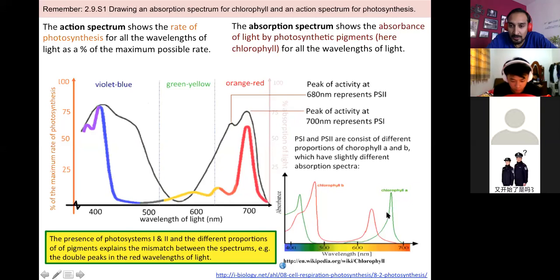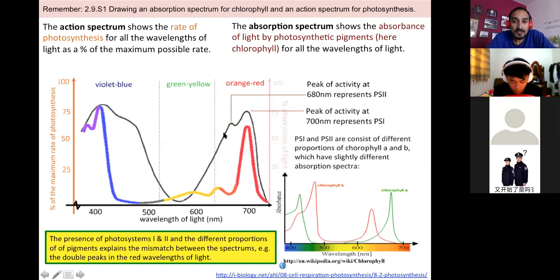If you look down here in the bottom right corner, it shows a separated absorption spectrum of two types of chlorophyll. Usually we just say chlorophyll, but really there are types of chlorophyll and other pigments as well. Chlorophyll a and chlorophyll b, we usually talk about them together, but they're their own pigments with different absorption spectra, so they can absorb different light at different efficiencies.